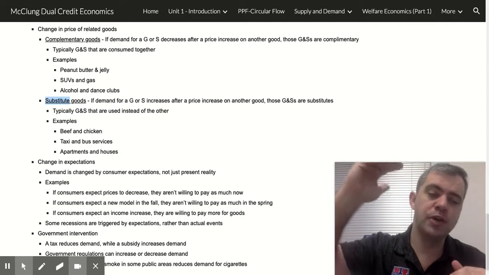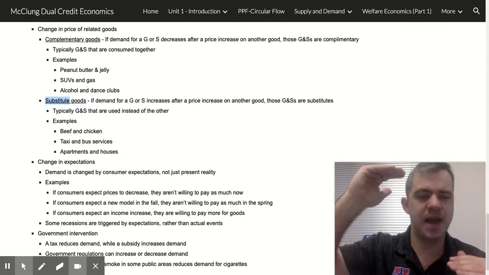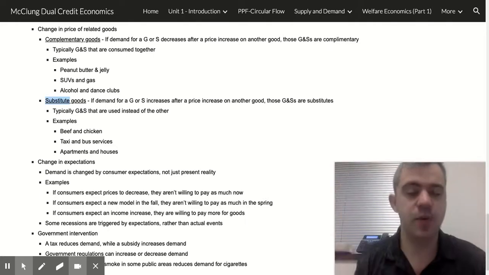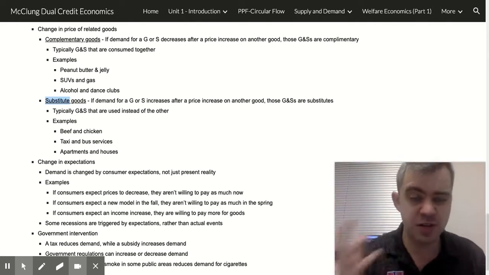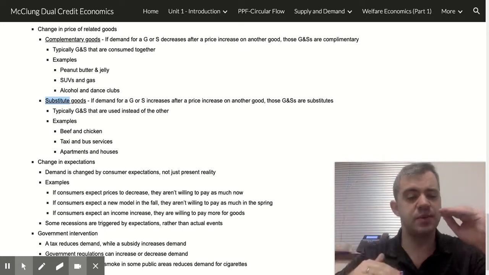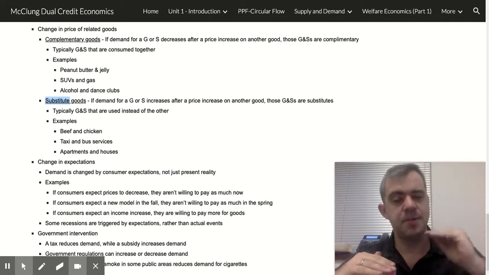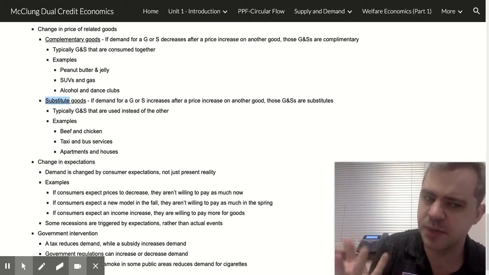As the price of one good increases, we expect the demand for the other good to increase because more people want to buy it because their alternative just got more expensive. And the opposite is true. As the price of the substitute goes down, the demand for the other product goes down because all of a sudden there's this really inexpensive substitute.